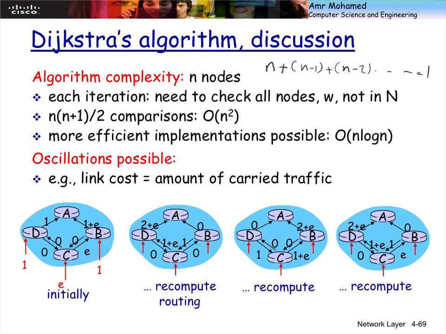This is a sequential series. What is the summation of this sequential series? It's n divided by 2 times n minus 1. Review your algebra. So for us to derive the complexity, this is quadratic. So it's O of n square.